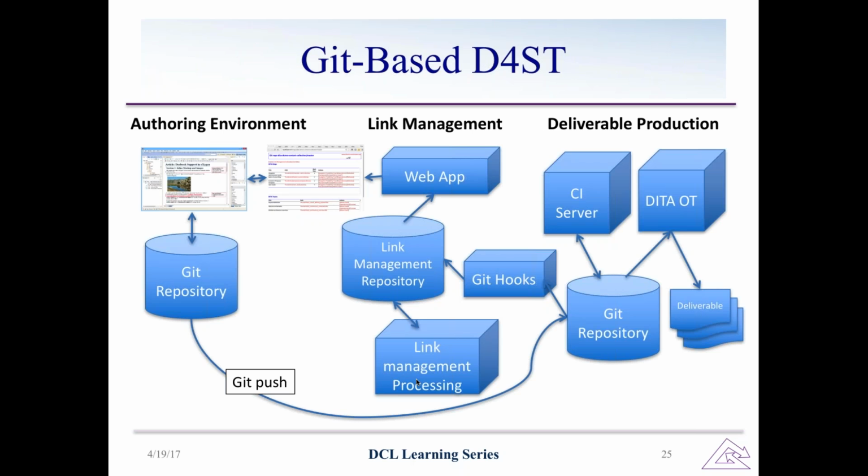So here's the basic DITA for small teams model. And here I'm specifically focusing on the use of Git, and we'll see why in a minute. It turns out that Git as a version control system maps very, very cleanly onto my abstract snapshot-based configuration management system.